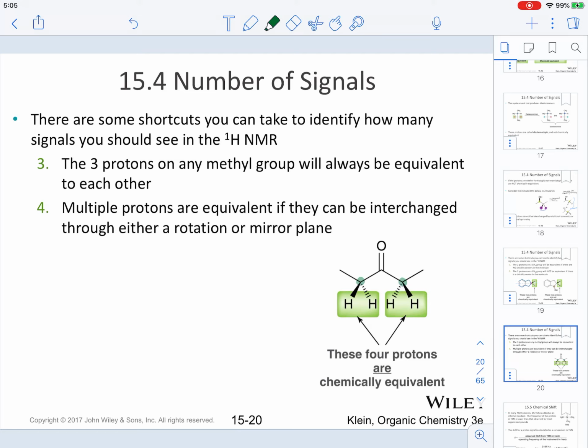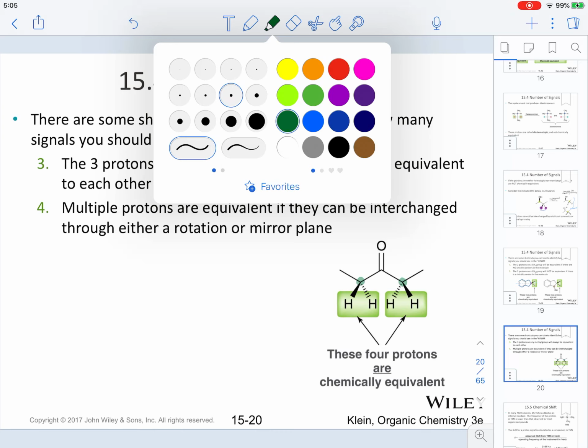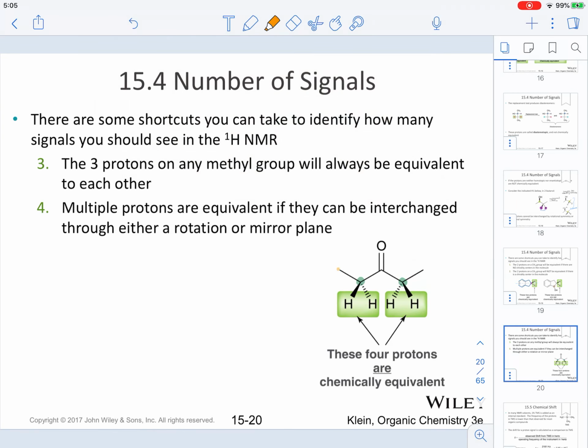And even the CH3s that are at the end of it, I'm going to highlight them in orange, the CH3s that are here are also going to be chemically equivalent. But more importantly, similar to the shortcut that we see outlined in number 3, all the hydrogens in the CH3 are going to be equivalent to each other.